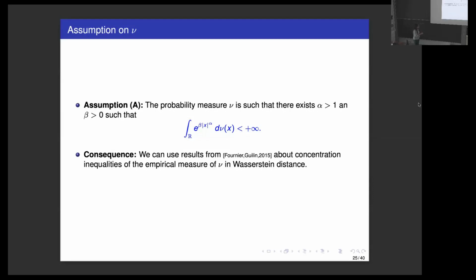For the analysis, we are going to use some results proved by Fournier and Guillin in 2015 about concentration inequalities of the empirical measures of mu in Wasserstein distance. These results are really the backbone of our analysis. So let's assume now that mu indeed satisfies such an assumption from now on.